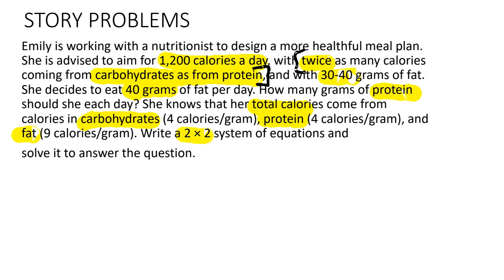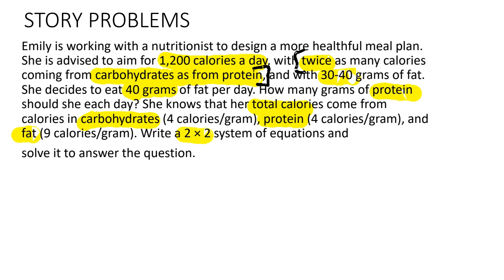Twice as many calories coming from carbohydrates as from proteins. Well, this is where we're going to do a little bit of work. C equals carbohydrates. P equals proteins. And F will equal fats.